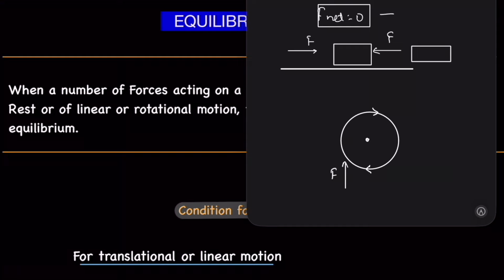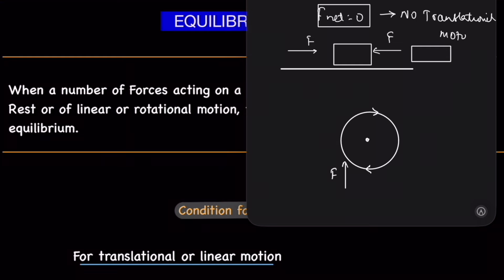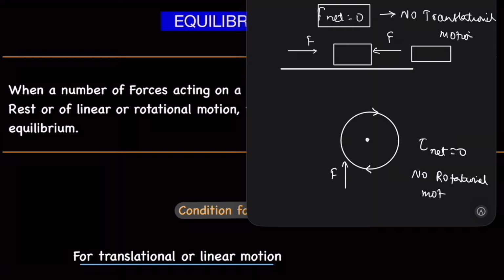So it means no translational motion. And when the net moment of force is 0, then there is no rotational motion. So for complete equilibrium, both translational and rotational motion should be stopped.